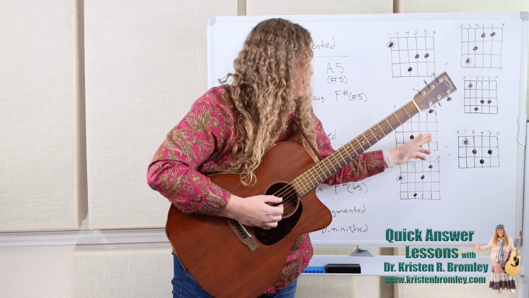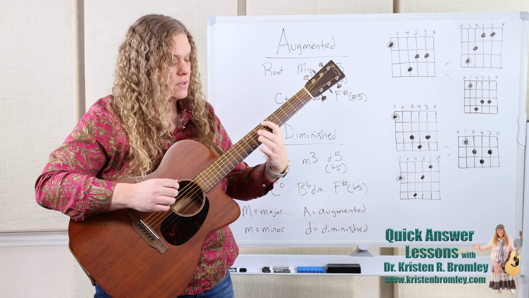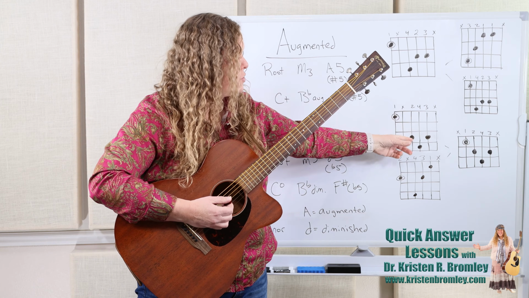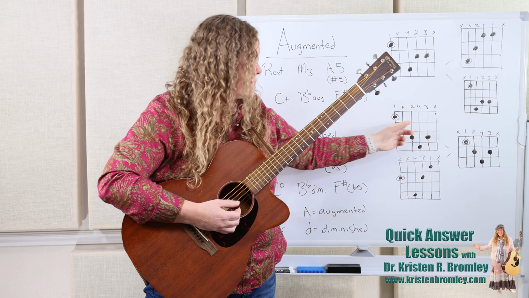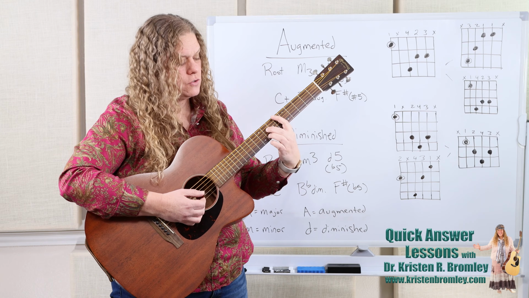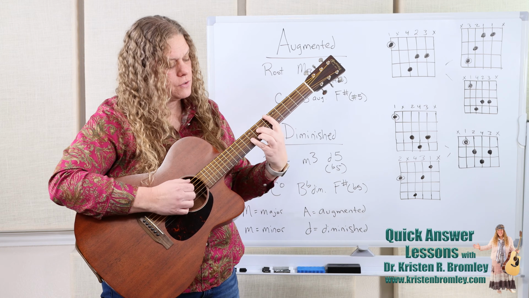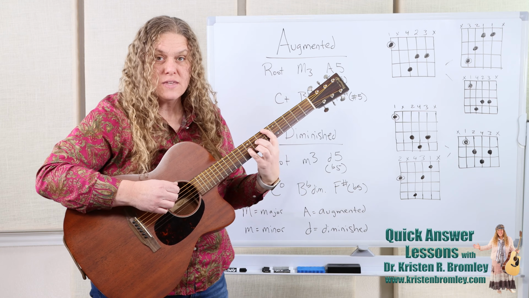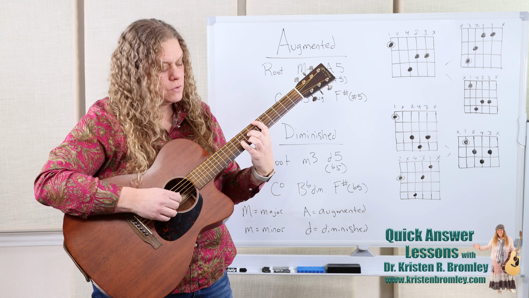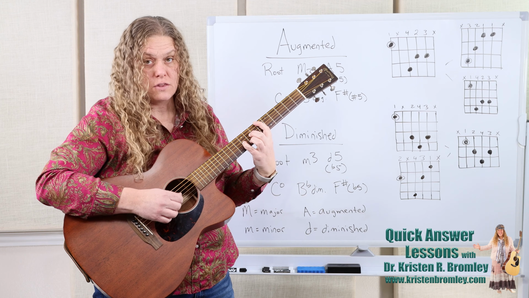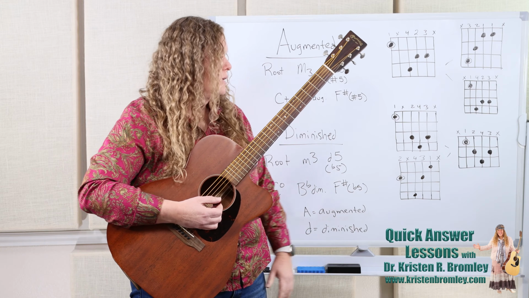But if I use the same triangle, my index finger is on the 6th fret of the 6th string, and I have to reach 2 frets higher with my middle finger on that 4th string, 2 frets higher with the ring finger on the 2nd string, and pinky goes 3 frets higher on that 3rd string. When I play it this way, I've changed where the root is. I've got the root, the flat 5, and the 3rd. That's how that's voiced. So that's a great option.